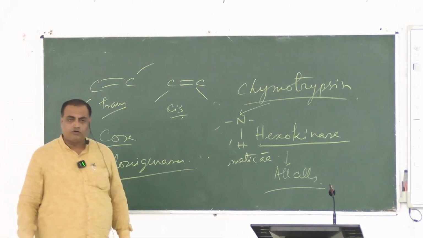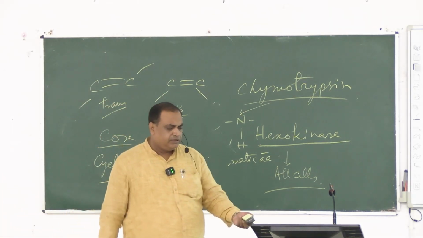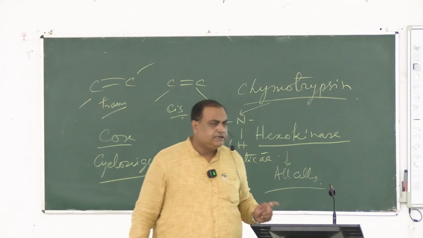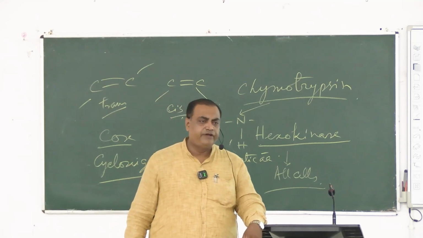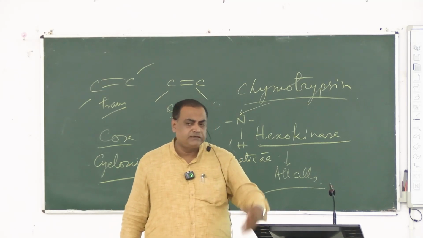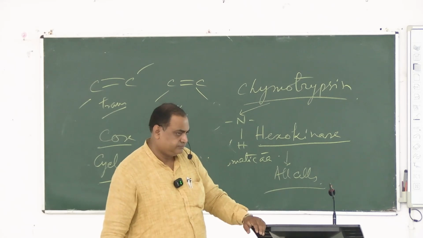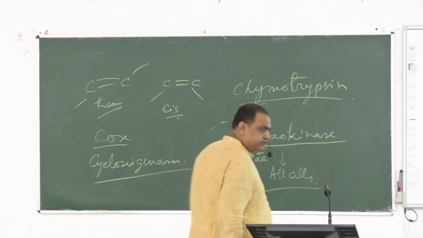Cyclooxygenases, or COX enzymes, function on the cis form of the fatty acid arachidonic acid. The trans form of arachidonic acid is not their substrate. Correct?